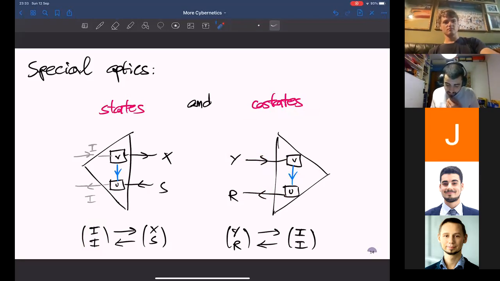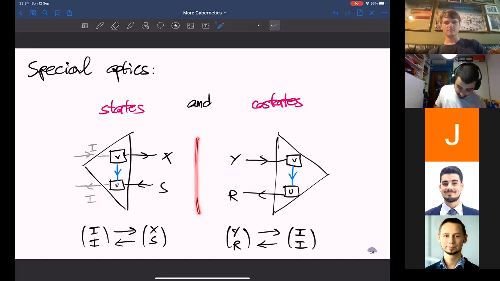What this does is take the result of my dynamics, store it, and then produce a feedback out of it. For technical reasons, this is not a single wire, but in many cases it is a single wire with a box in it. For all purposes, this is just a map from Y to R, something that converts actions into actual feedbacks. So these are super useful.